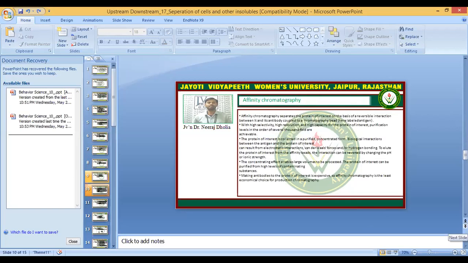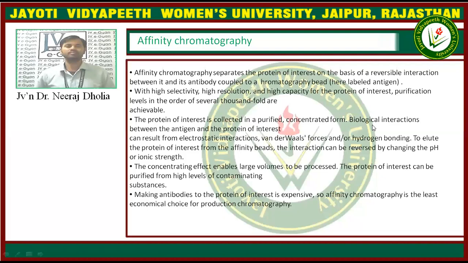Next is affinity chromatography. I think it is a very good chromatography technique, and it is used specifically for the isolation of antibodies. Affinity chromatography separates the protein of interest on the basis of a reversible interaction between it and its antibody coupled to the chromatographic bed.